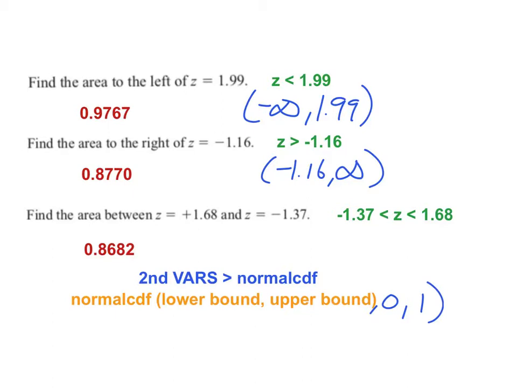And then this interval is just like that. That's just interval notation of those inequalities. The key thing is we have to figure out how to represent negative and positive infinity. And I'm going to show you how to do that.